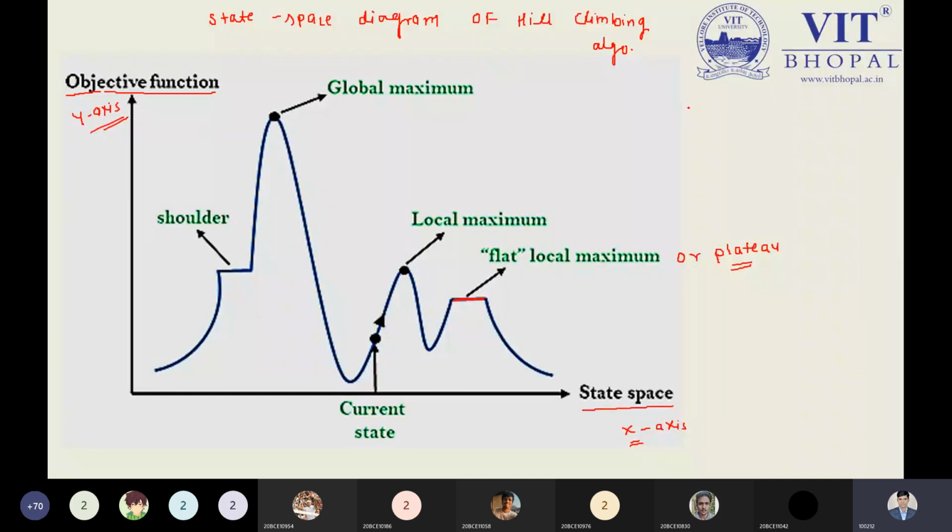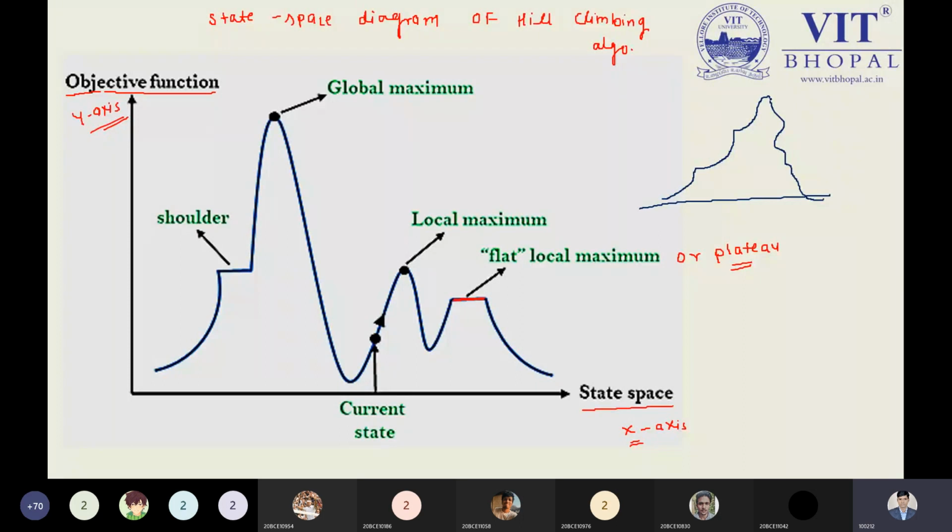If I draw a very simple example over here, say there is a hill like this one. There is a hill like this one.